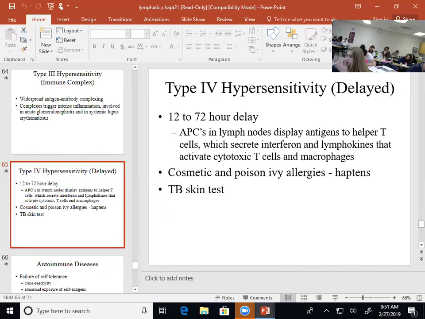Those of you who had this little PPD tuberculosis test know that they tested at what, 72 hours. Is it still 72 hours? Yeah, that's what they're looking at. So it can take a little while, but that's the response they're looking for.